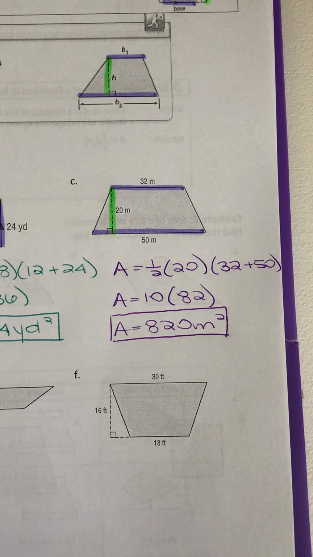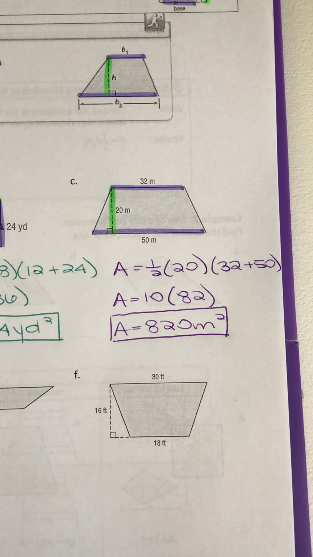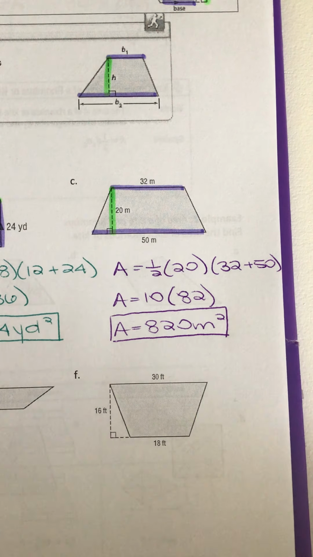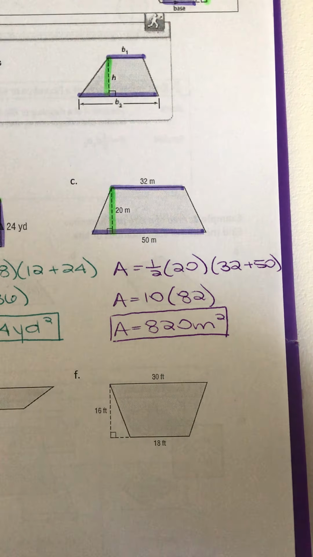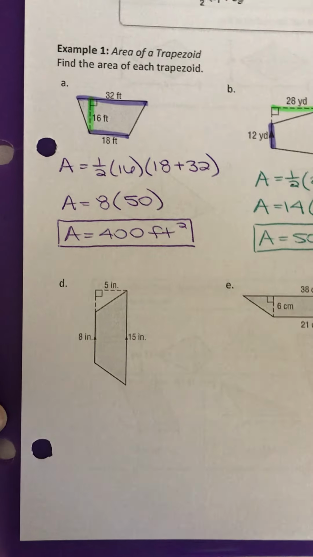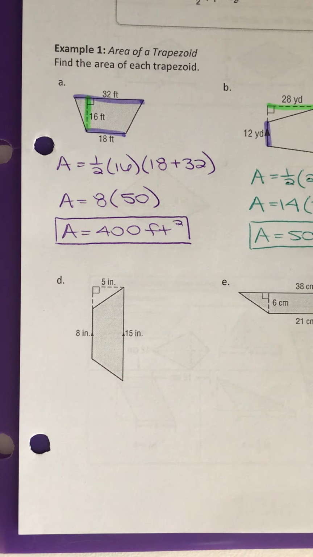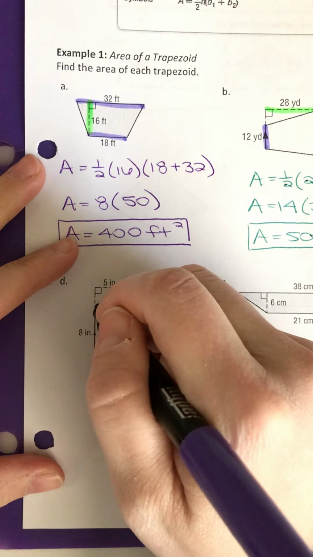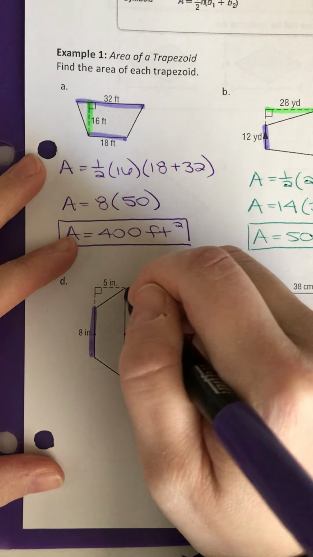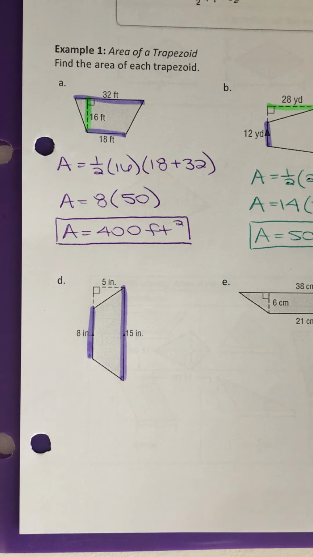So now what I'd like you to do is pause the video, try D, E, and F on your own, and then when you are done, you can come back and check your answers. I'm going to go ahead and keep going through them. This is another example where your bases are vertical and not horizontal.